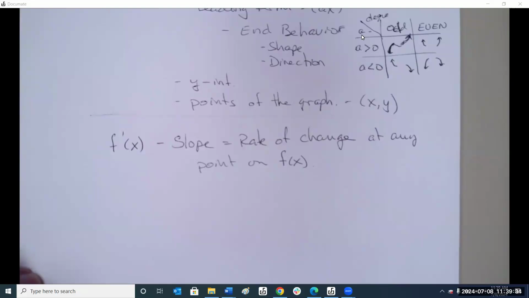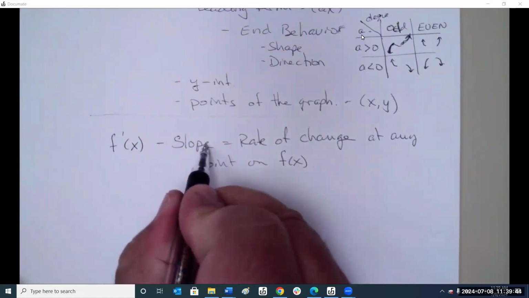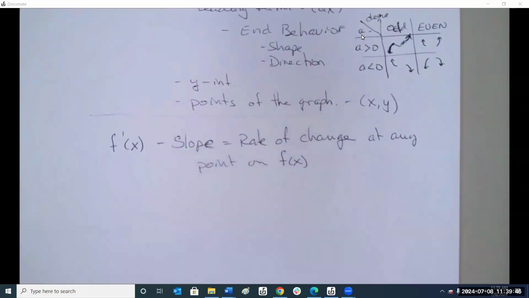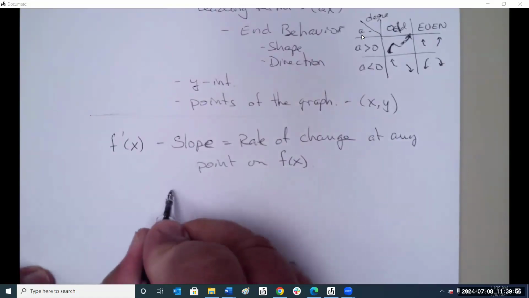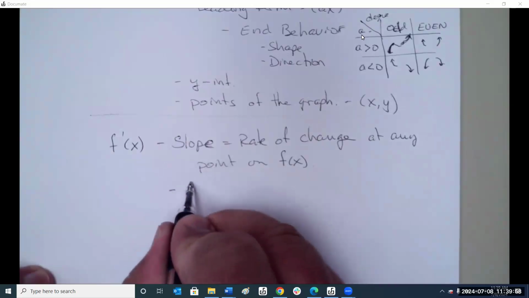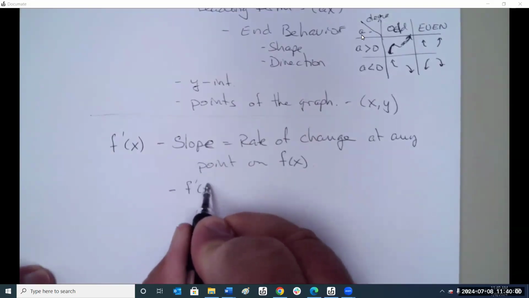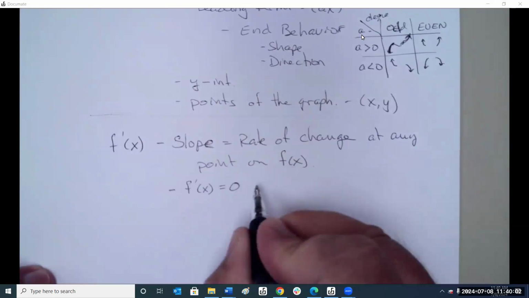What else does it tell us? What else is it used for? And it relates back to the rate of change part. So what can we do with it? You set it equal to 0.